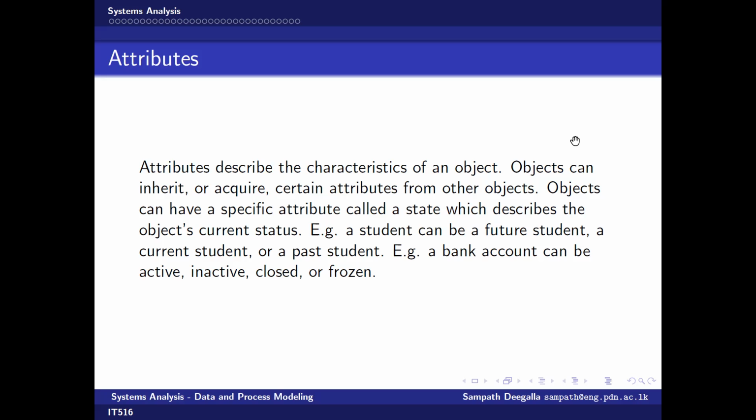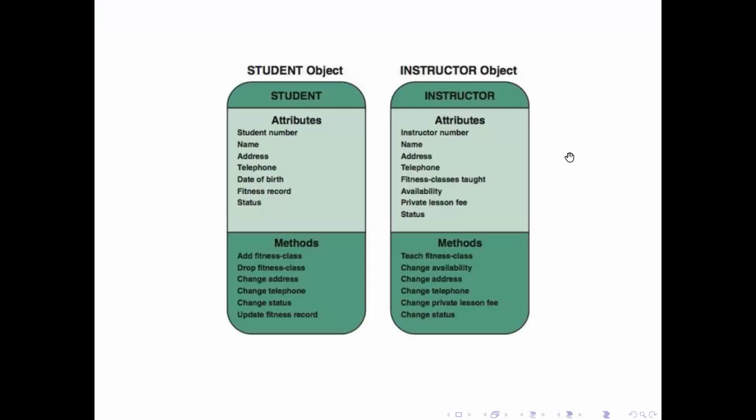Right. Okay, so that's about the attributes. Now, in this particular case, again, you see another 2 objects, student and instructor. So you can see some attributes are common, some slightly different.